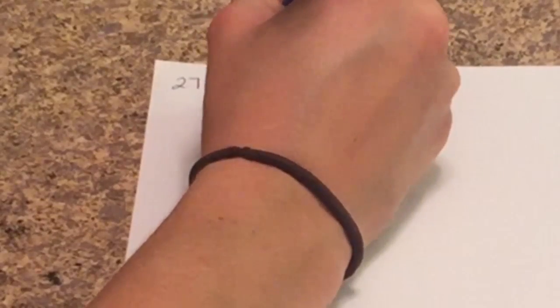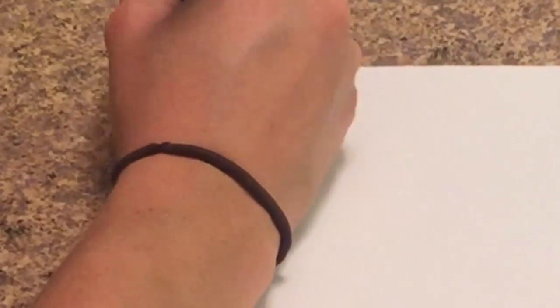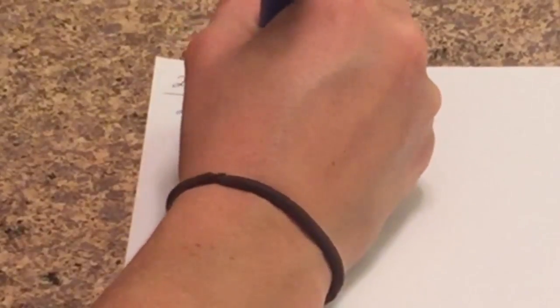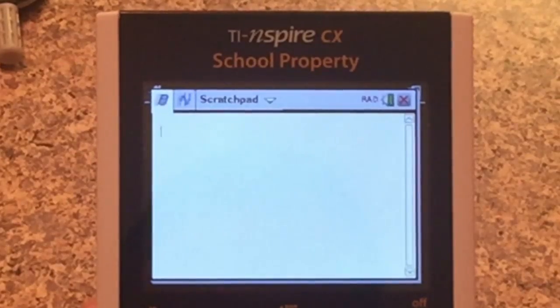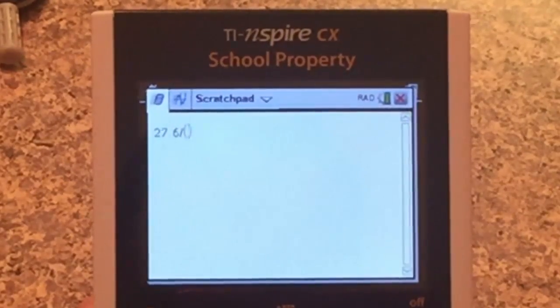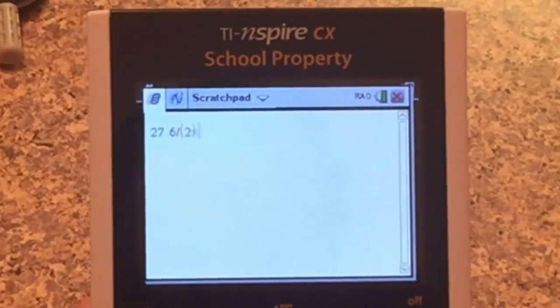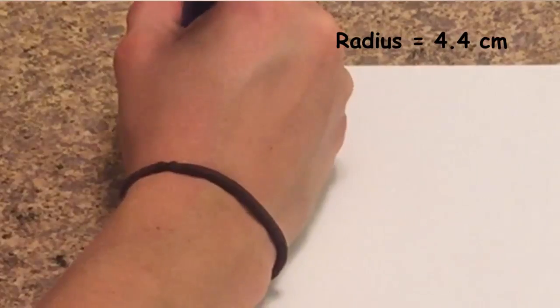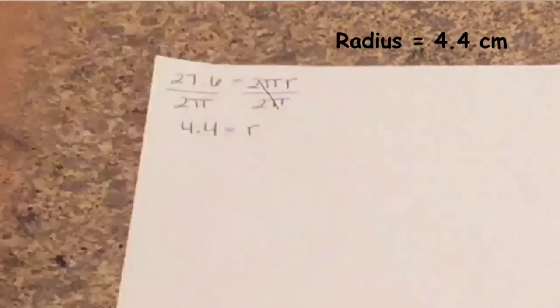In order to find our radius, we're going to divide by the 2 pi so it cancels on the right side. And then we are going to use our calculator to figure out what our radius is. Our radius is about 4.4 centimeters.